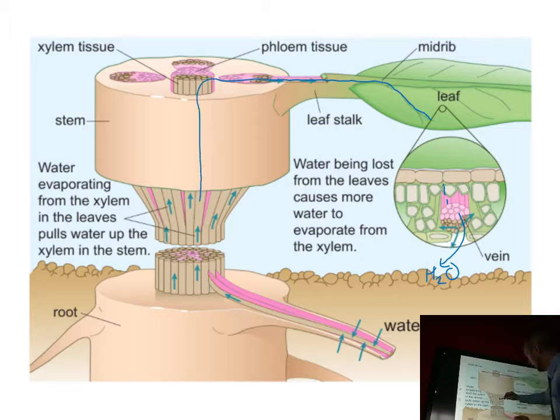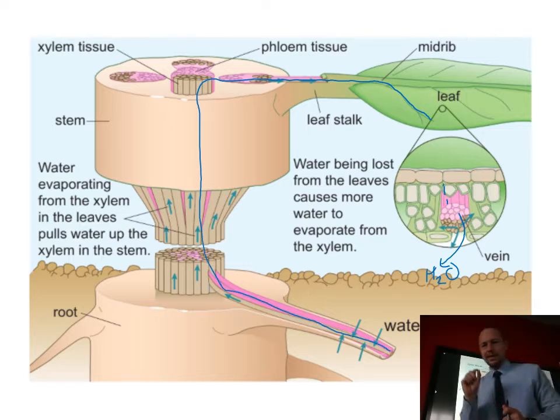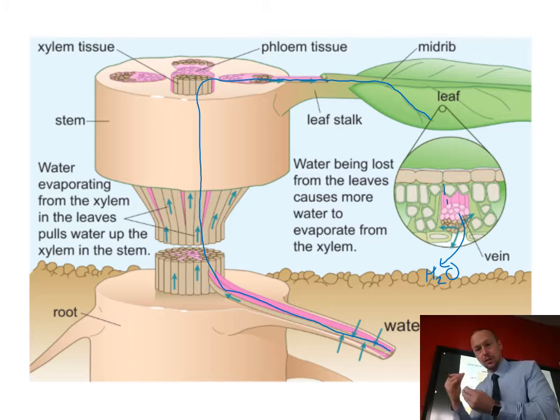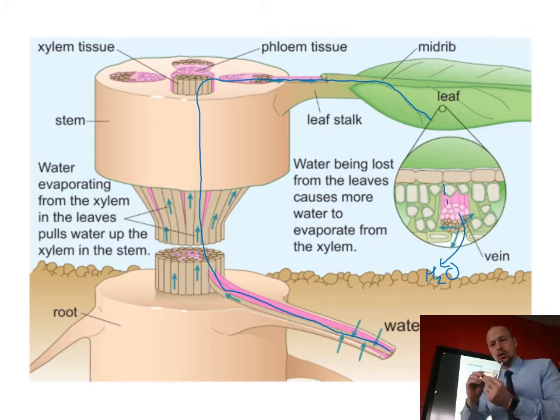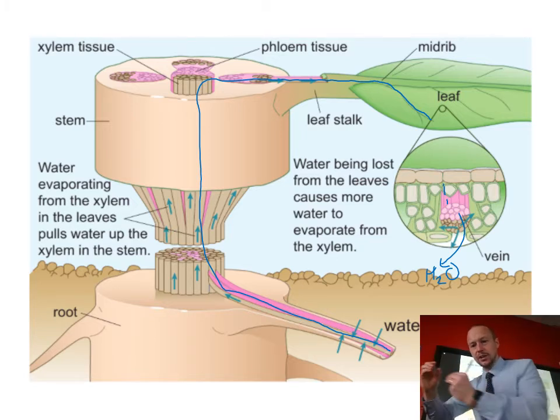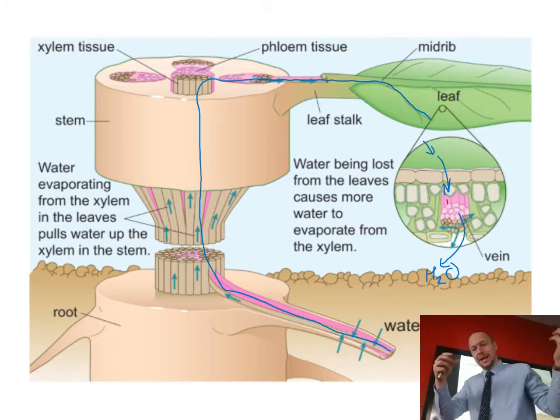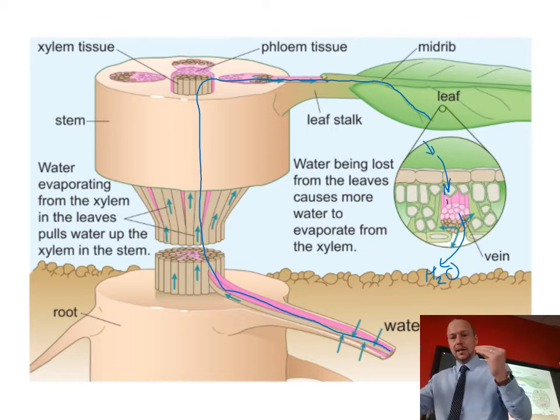Because it's sticky, you can think of them all kind of sticking together. So when that one water molecule evaporates from the leaf, another one gets sucked into its place because of the attractions between them. So one flies off, but the next one moves up into its place, and the next one would move into its place, because they're kind of like little magnets.